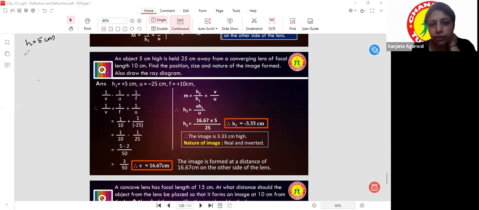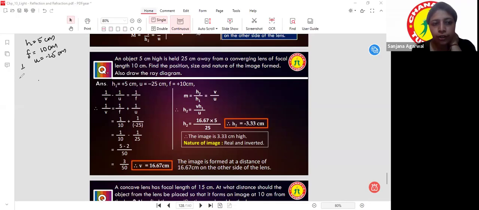Away from a converging lens of focal length 10. Convex lens focal length is always positive, so positive 10 centimeter. Find the position, size, and nature of the image. H is given to us. 25 centimeter away, U is minus 25.